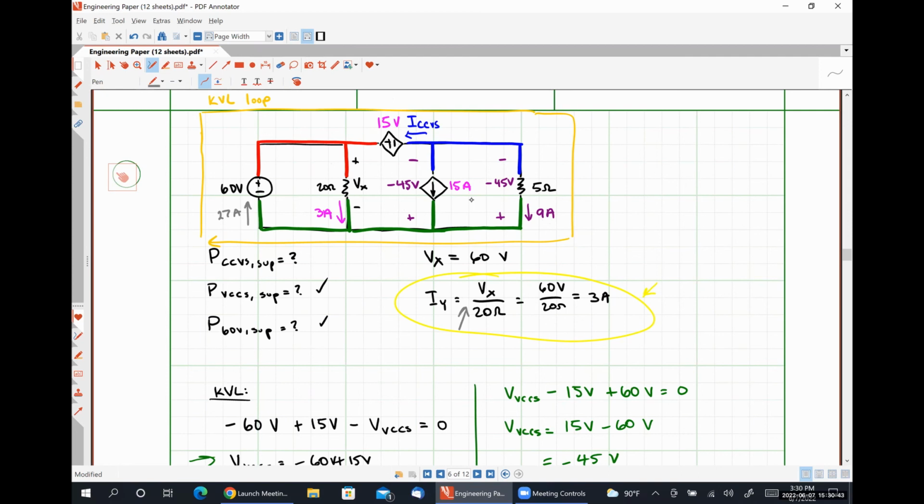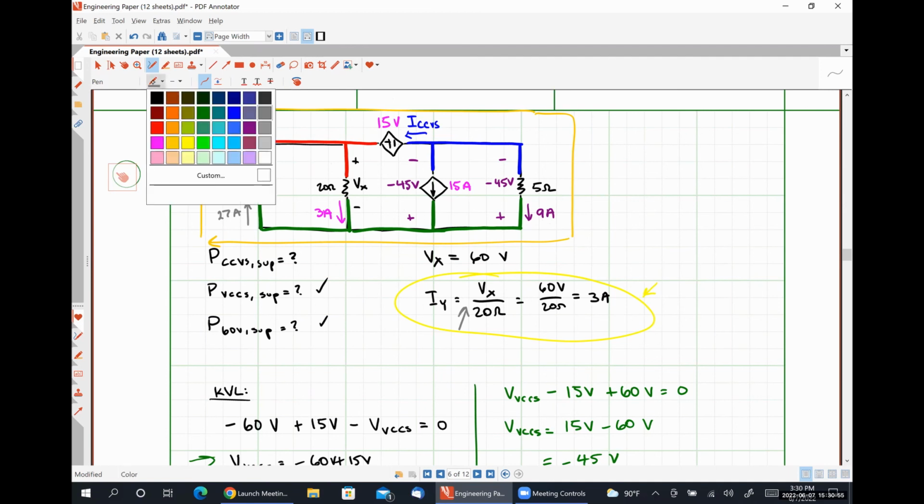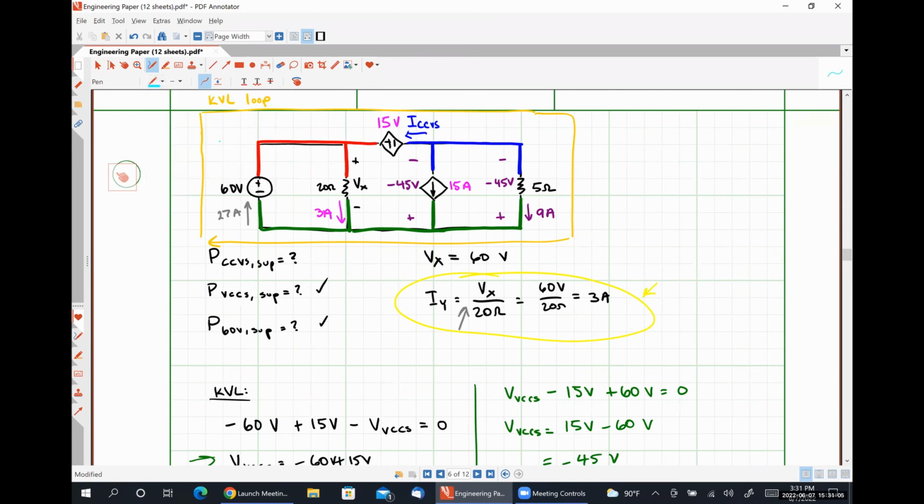Okay, so formulation number 2 at the red node. Formulation number 2 is the one where all of the currents that are entering a node must equal 0. So what color haven't I used yet? Let's do this blue, okay?